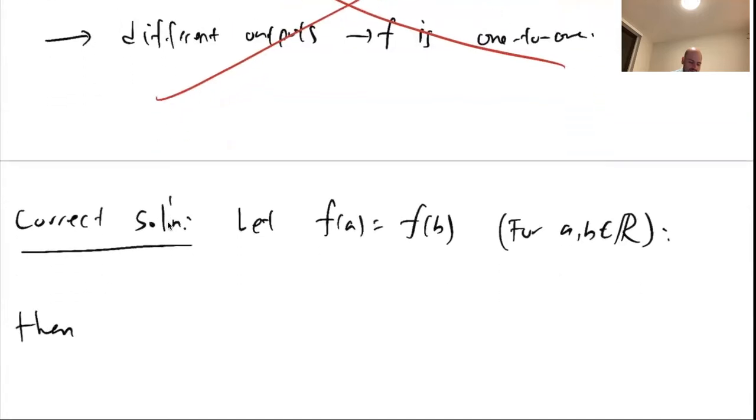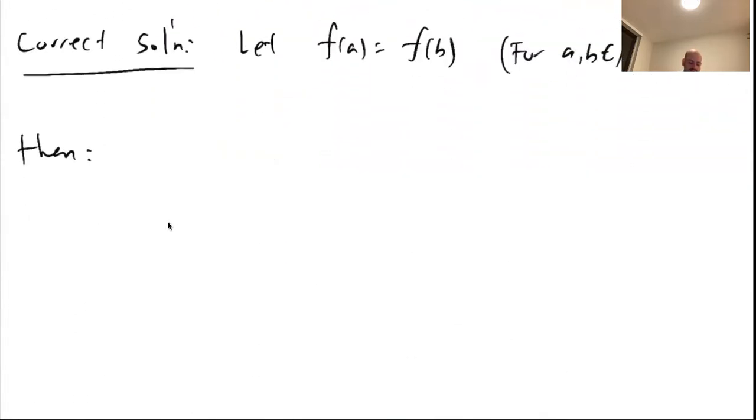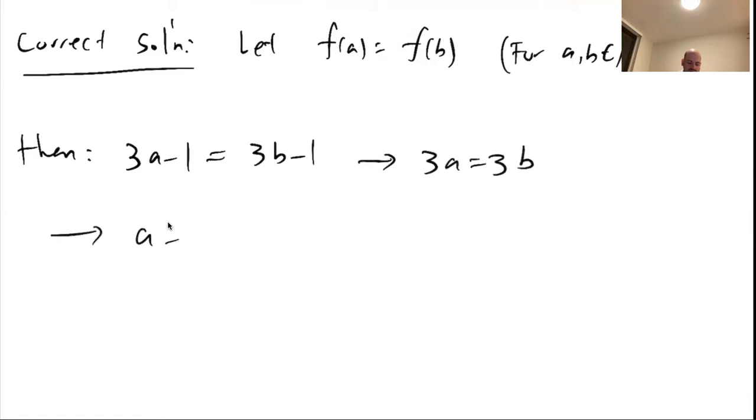Then what can we say? f of x is 3x minus 1, so f of a is 3a minus 1, which equals f of b, which is 3b minus 1. And then that means 3a must be equal to 3b, and that means a must be equal to b.